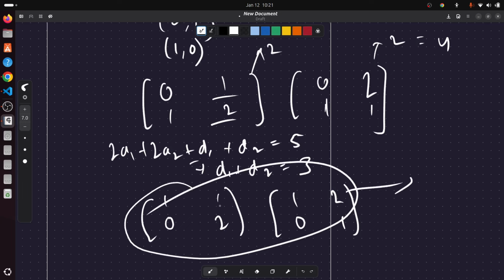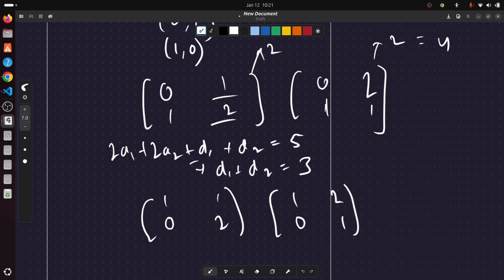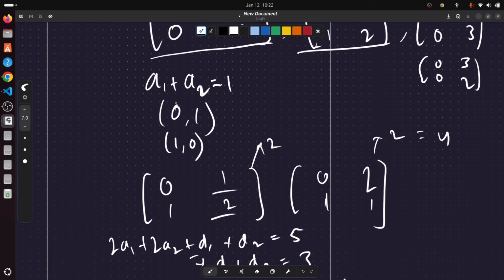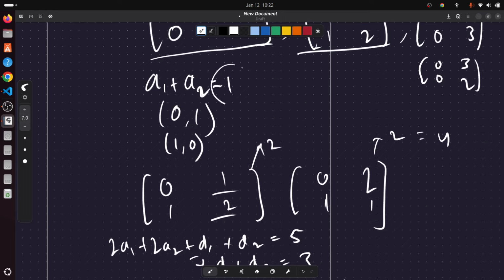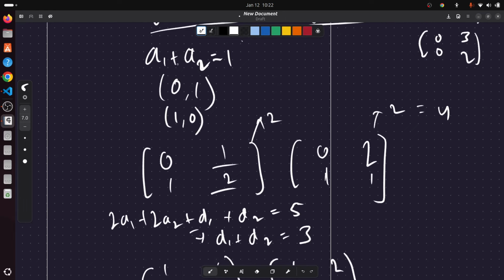Why? Because the Di are the same, right? The Di values are 1, 2 only and 2, 1. And then this one also it is 1, 2 and 2, 1 only. So basically over all the ways to distribute Ai, what I am saying is that we had two ways to make A1 plus A2 equal to 1, right? Either 0, 1 or 1, 0.